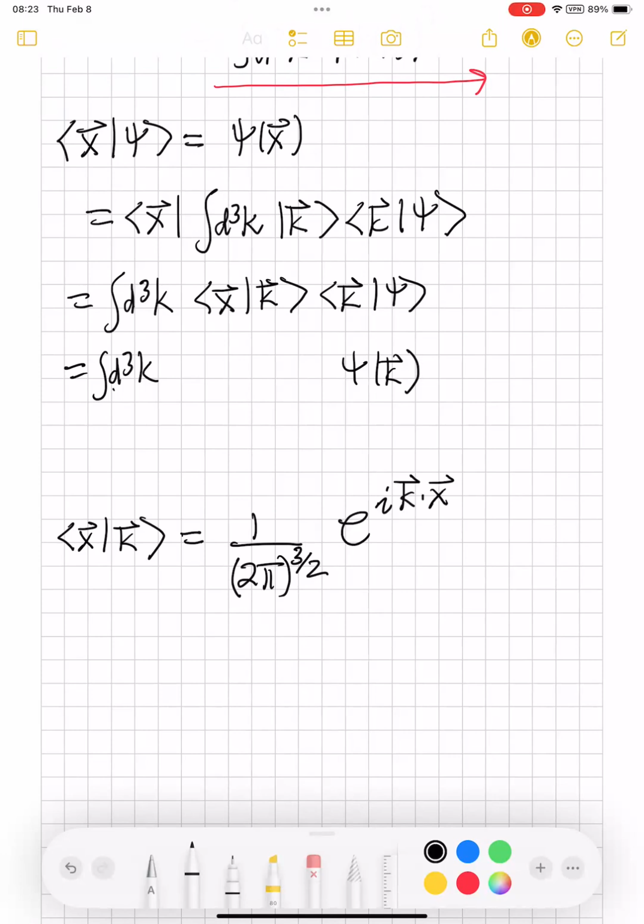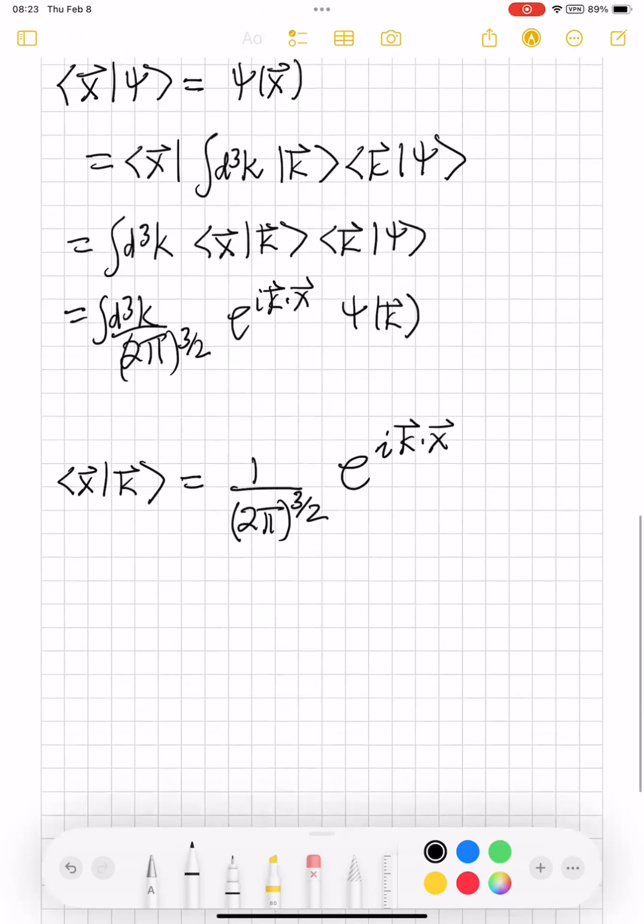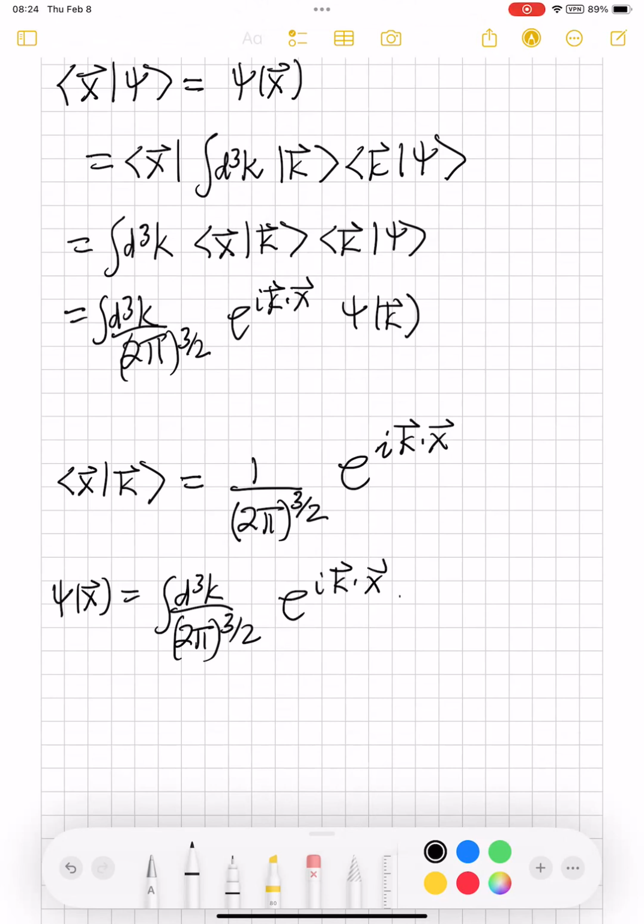So plugging that in here, one of the things that the completeness relation allows us to derive is that psi of x is equal to the integral d3k over 2 pi to the 3 over 2 e to the i k dot x psi of k. And this last equation that we've written down is nothing but the Fourier transform.